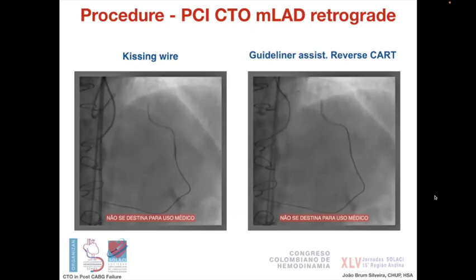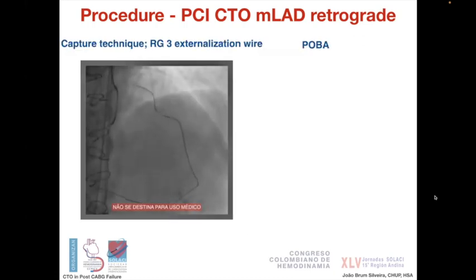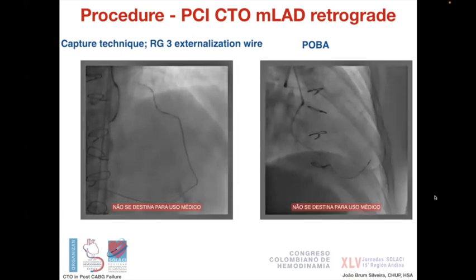This is a good device. This is one of the best devices that we have in our toolbox. This is the guide extension. We perform the reverse CART. At that point, with the capture technique, we take the retrograde wire into the GuideLiner. We do externalization with RG3. We do some POBA in different segments of the LAD.